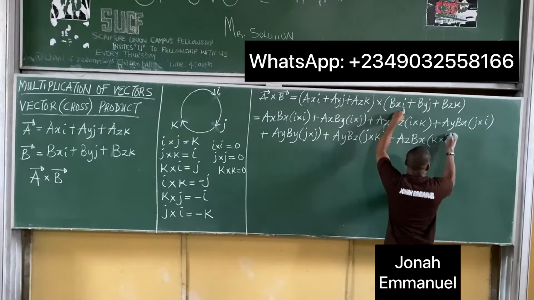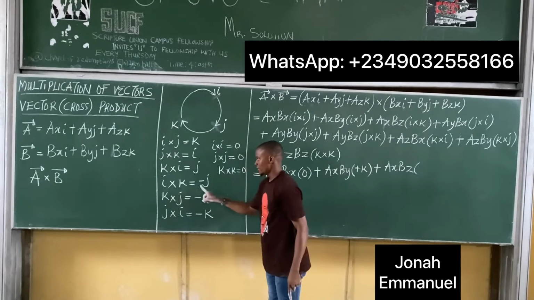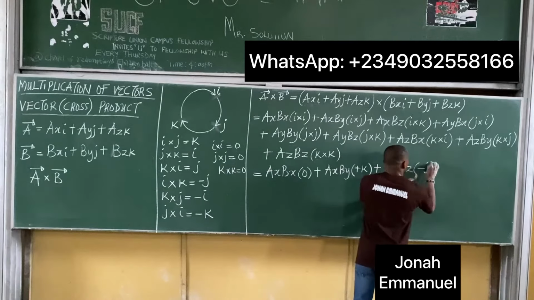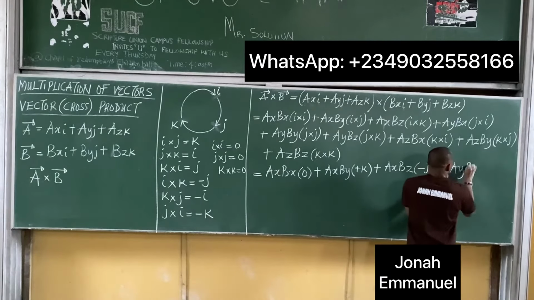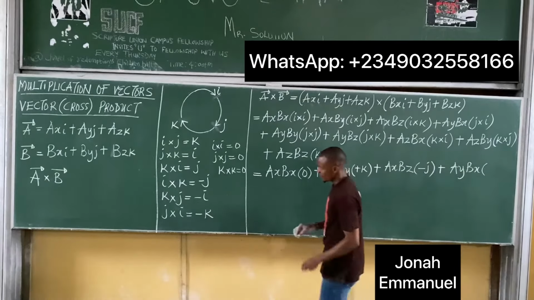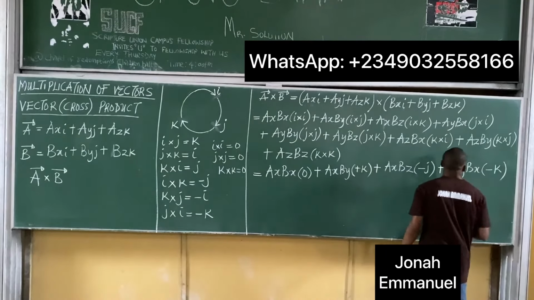That gives you 0, plus AX BY, I cross J, which we said is plus K. Plus AX BZ, I cross K, which we said is minus J, so having minus J. Plus AY BX into J cross I. J cross I is minus K, so that's minus K.